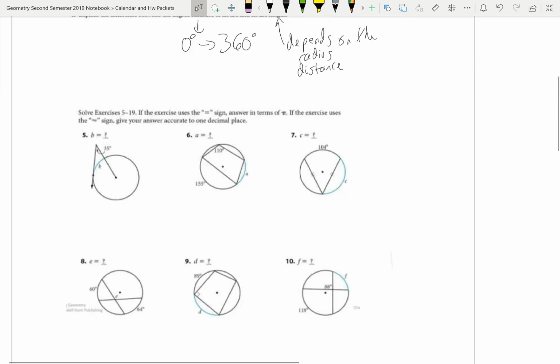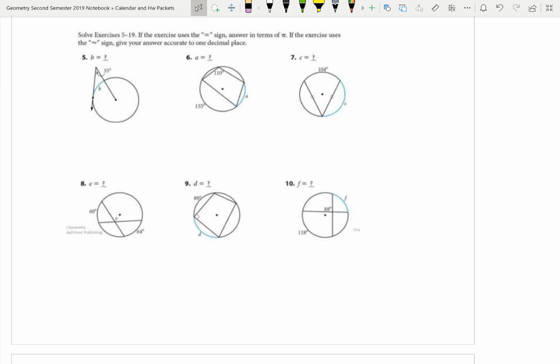Okay, so let's go ahead and do some of the problems here. We'll start off with B. Now with B, they're trying to find the arc measure. And that's going to be fairly simple because if you just draw in a radius, you know by one of the conjectures that's a right angle.